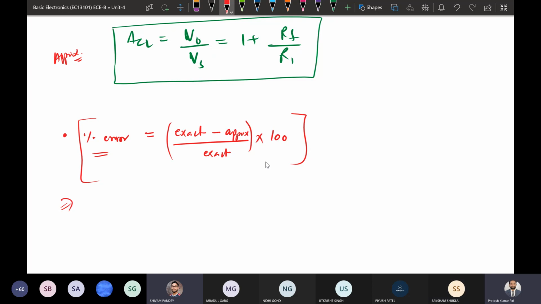First of all, we consider one input and make the other one 0, and similarly in the second case the first one is considered as 0. So by superposition and applying the inverting and non-inverting concept, we can get the value of gain, and from there we can get the value of output. So this is all about the operational amplifiers connected in inverting and non-inverting modes.